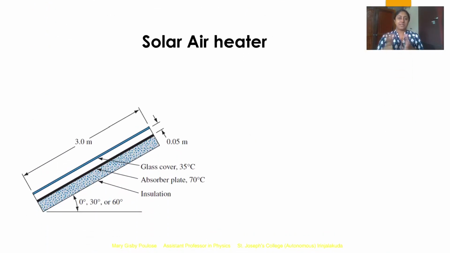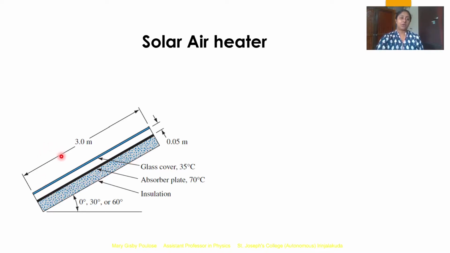Now let's look into the basic components within a solar air heater. Here we can see the model of a flat plate collector, right? So this black plate is the absorber plate, and above it we have a glass cover in the blue colored plate, and below the absorber plate we have this insulation.